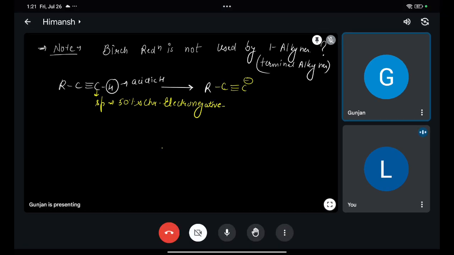Yes, ma'am, got it. That is why it will not show Birch reduction, otherwise the liquid ammonia and sodium metal we are using will show an acid-base reaction, an acid and metal reaction, to produce salt and hydrogen gas.